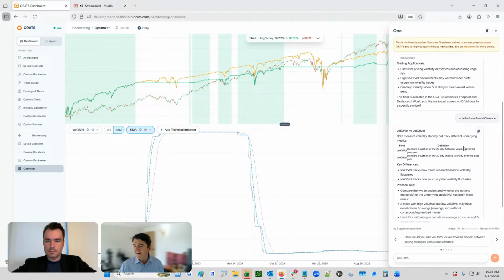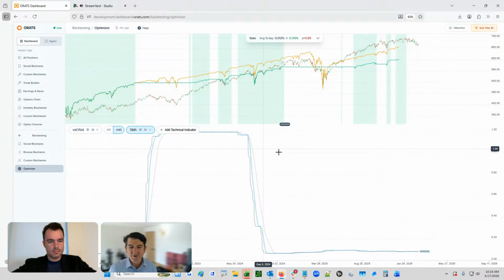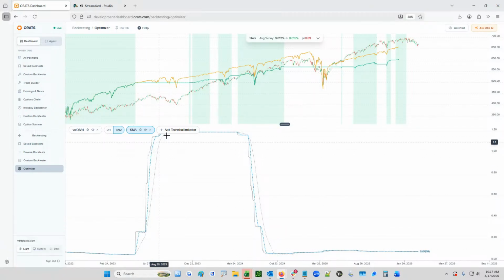It's the 20-day historical volatility where we get the vol of vol. Gotcha. And the other one is the volatility of the implied volatility. But here we're looking at the vol of the eyeball. It can get very messy here, but what is the volatility of the eyeball?